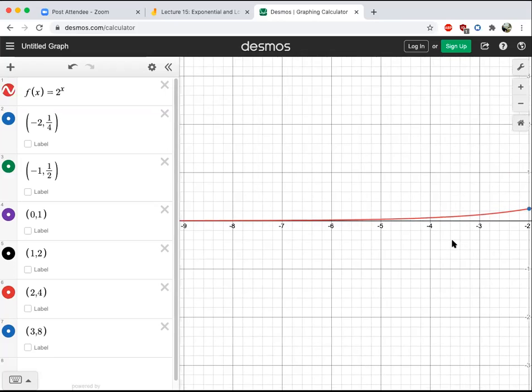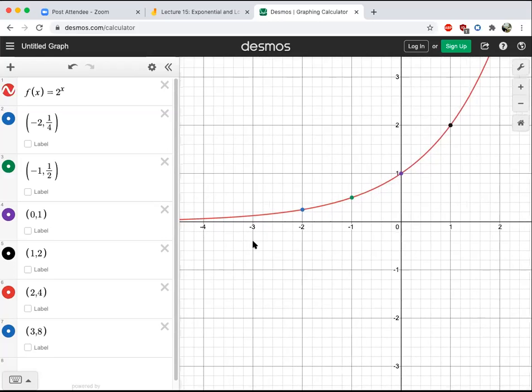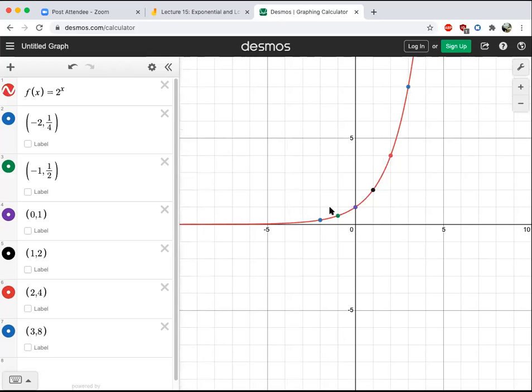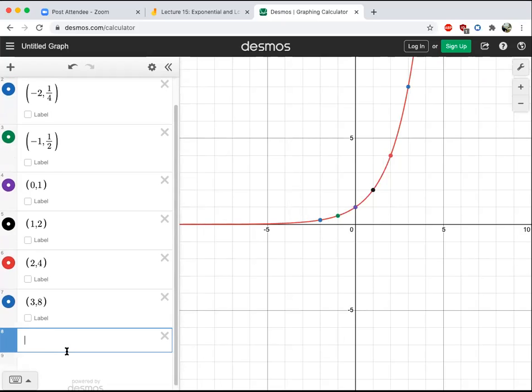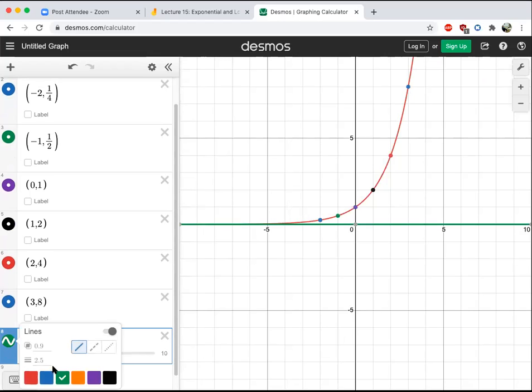So there's not going to be an x-intercept or a zero, as we like to call it, because there's actually a horizontal asymptote, right? And that horizontal asymptote is going to be y equals 0. So I'm going to graph y equals 0 down here and show it to you. And we're going to make this a blue dotted line. Perfect.